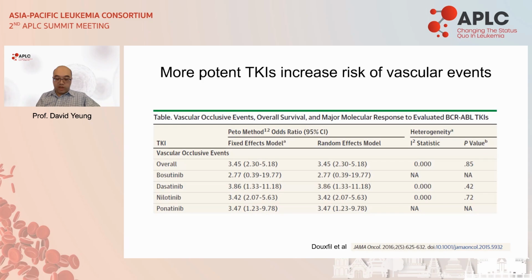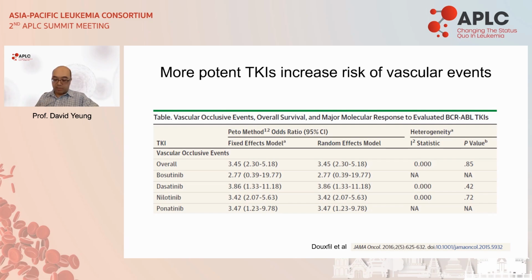This is old data now, but an American group did a meta-analysis looking at the effect of other TKIs and their association with vascular occlusive events. The odds ratio 1 is imatinib, and what they concluded was that with second and third generation TKIs, there seems to be an increase in vascular occlusion risk across the board.